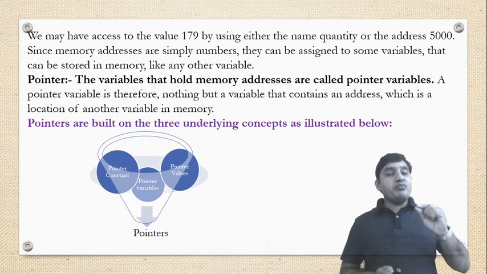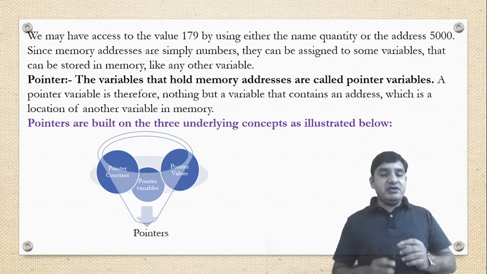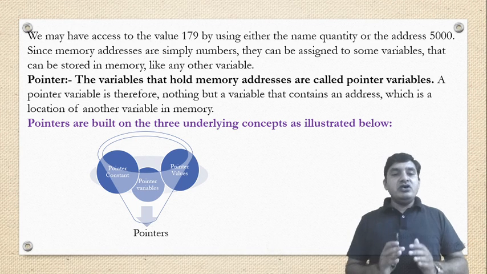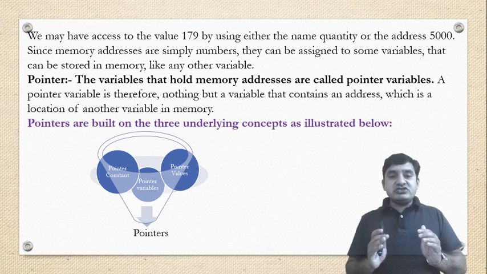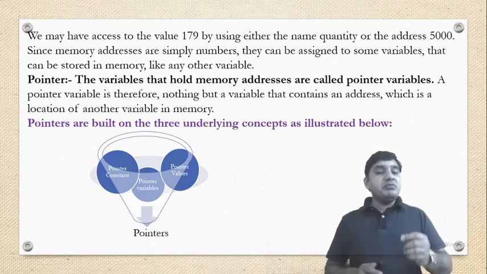First is a pointer constant, second is a pointer variable, and third is a pointer value. By using these three, we can build the pointer.